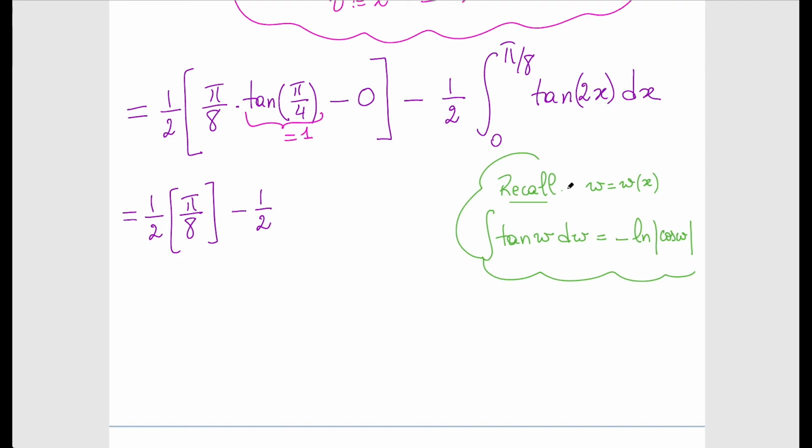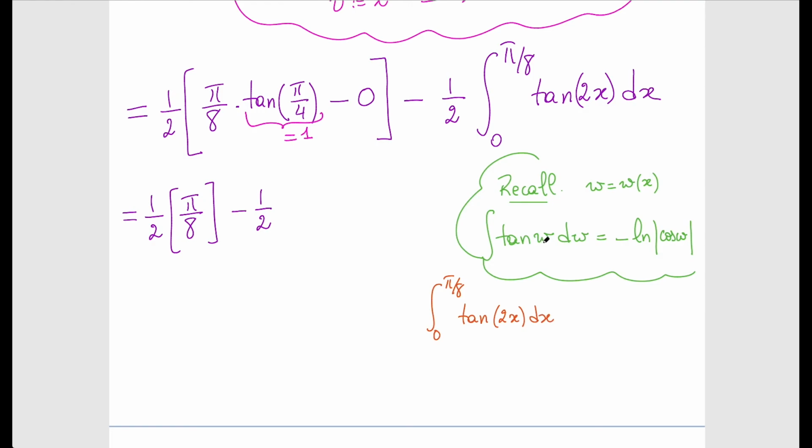So we're going to do u substitution here. So we're going to do w substitution, if you will, and then we're going to adjust the bounds, correct? So let's just do it on the side. I want to find the definite integral from 0 to pi over 8 of tangent of 2x dx.